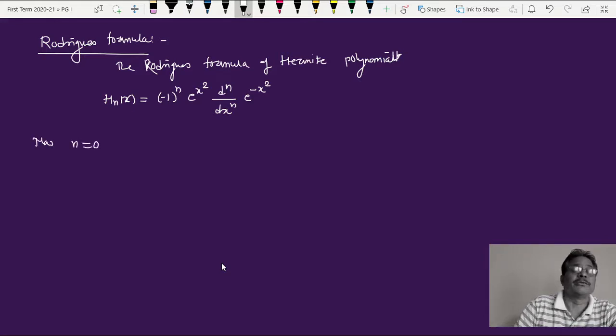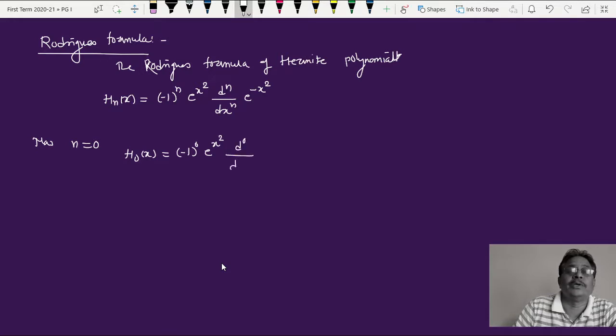Take n is equal to 0. Now if I put n equal to 0, this will become h0 of x is equal to minus 1 raised to 0, e raised to x square, then d raised to 0 upon dx raised to 0 into e raised to minus x square.